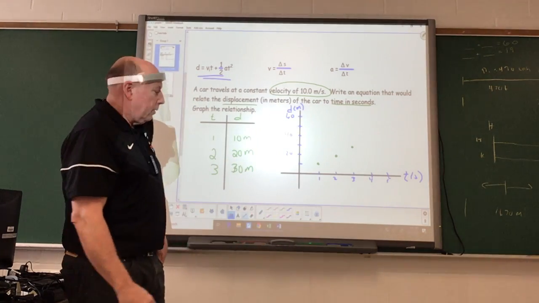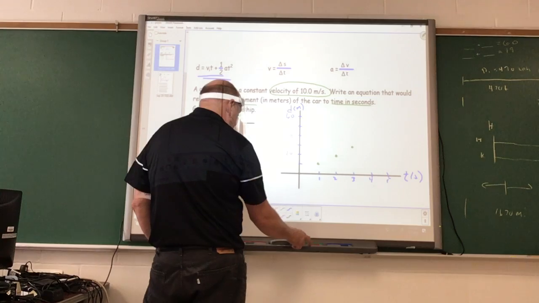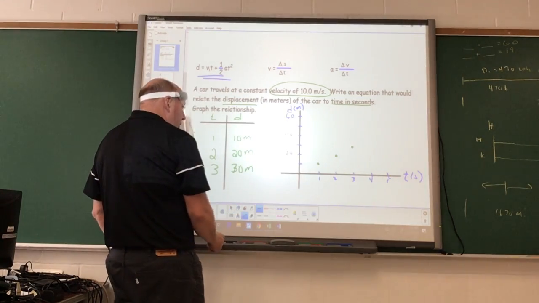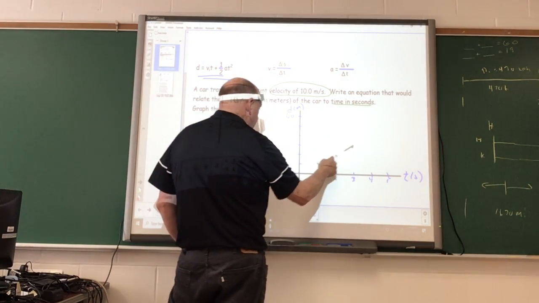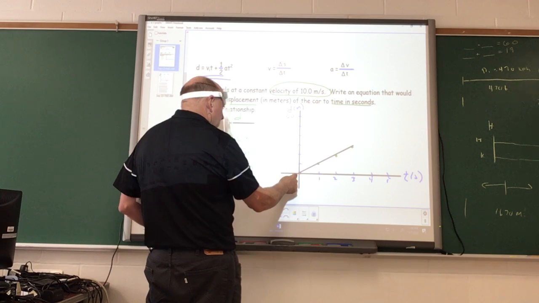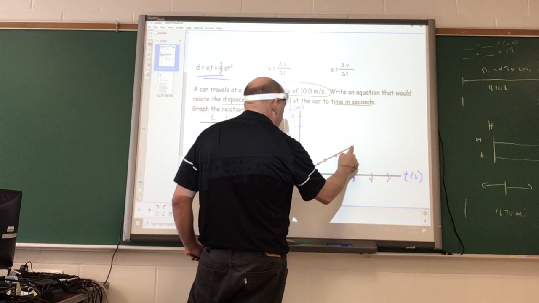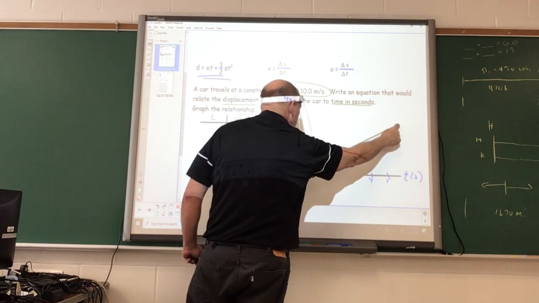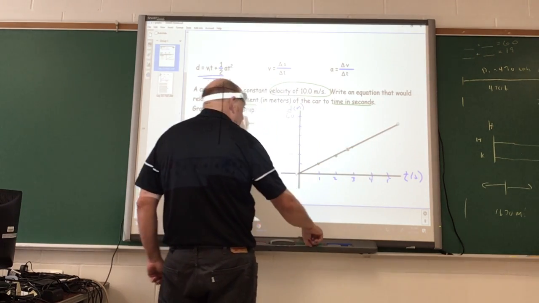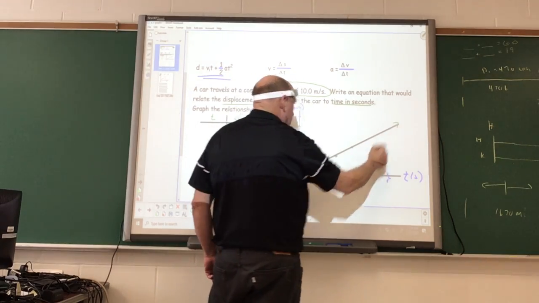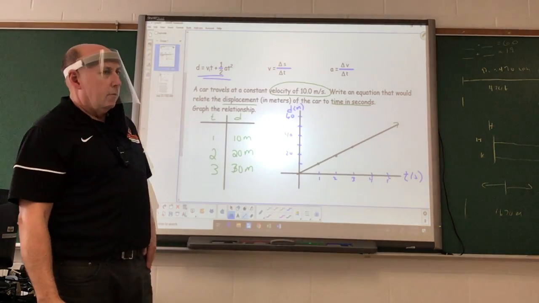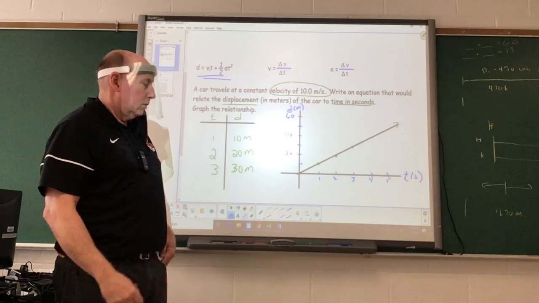And what is created is a graph, and this graph should look like a line that would continue onwards from time equals 0.